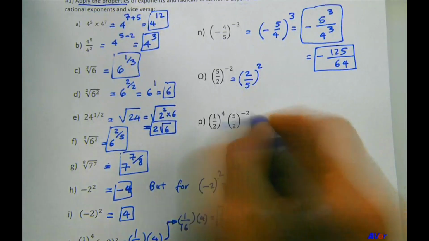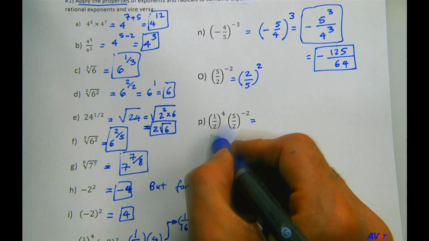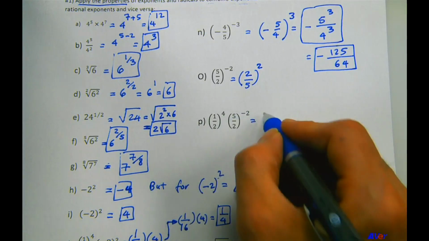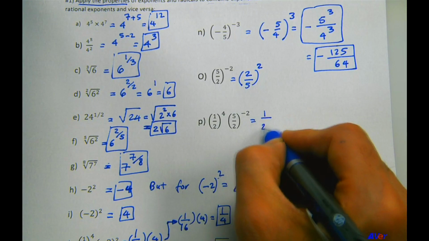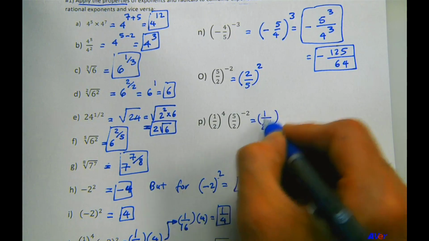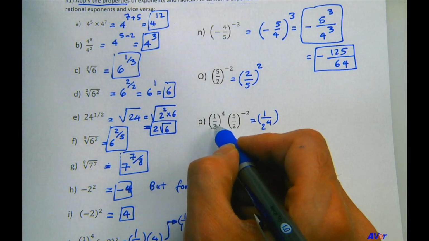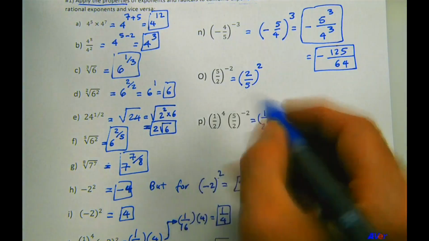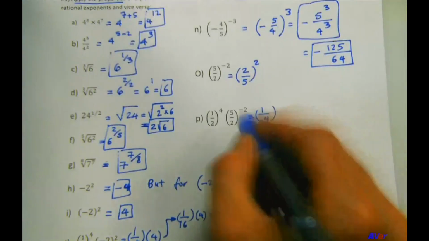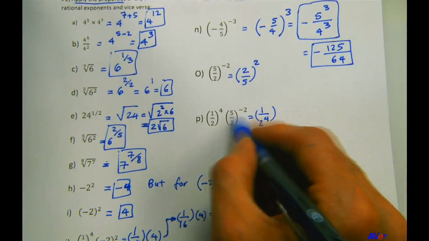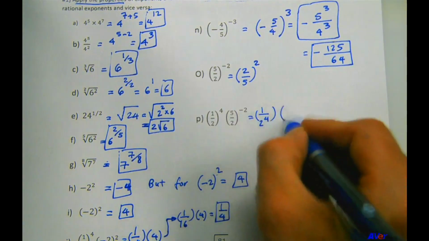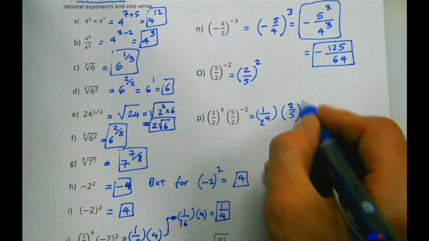Okay, so here, 1/2 to the 4th would be 1 over 2 to the 4th power, right? Distributing this power into the terms inside the parentheses. And then here we have a negative power again. So let me flip this and make that positive first. So 2 over 5 to the second power.